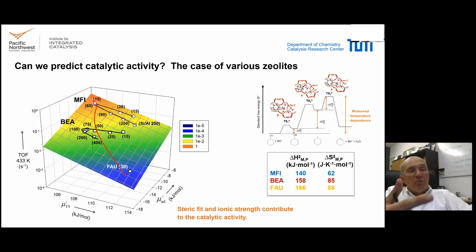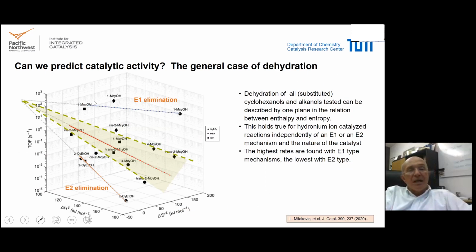We could go one more step. We could take the transition enthalpy and the transition entropy for all types of alcohol elimination reactions. And we can plot those against the log of the turnover frequency normalized to the active sites. And you see that all the data, all reacting molecules, are on one plane.